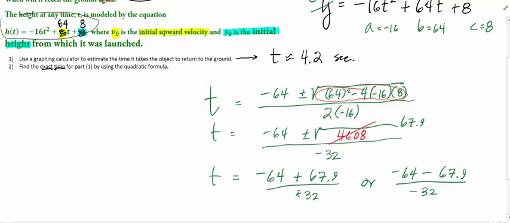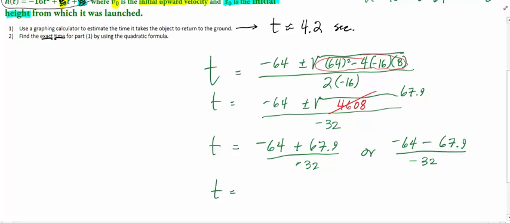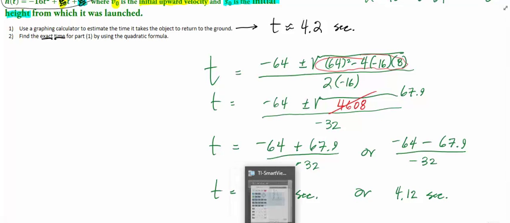All right, so I have two answers, and we saw on the graphing calculator that we're going to have two answers. Let's go ahead and see what these are. Okay, so I get negative 0.12 seconds. There's one of my answers. Or I get 4.12 seconds.